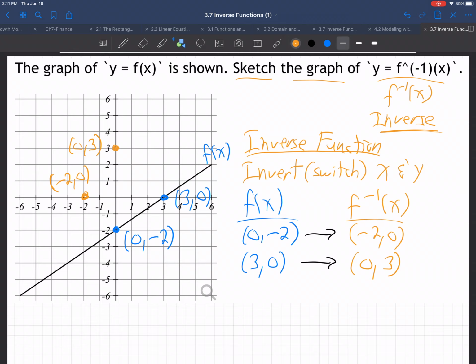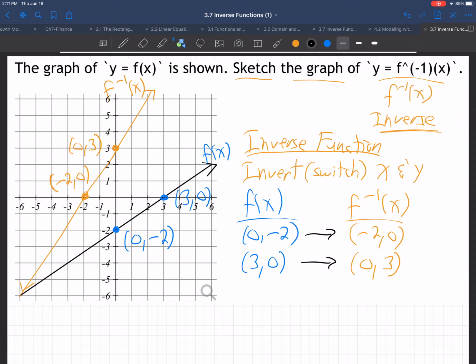I'm going to start right here, down here. There it is. That's the inverse function graph. Of course, there are arrows. It goes forever in both directions.